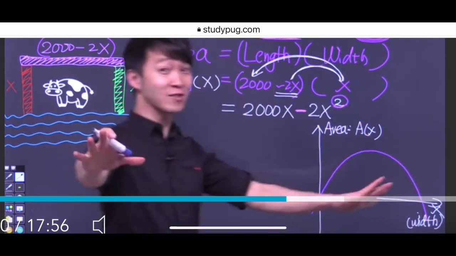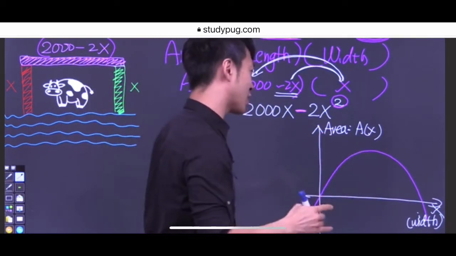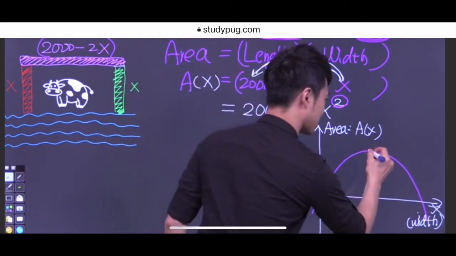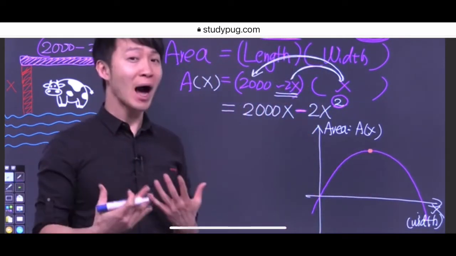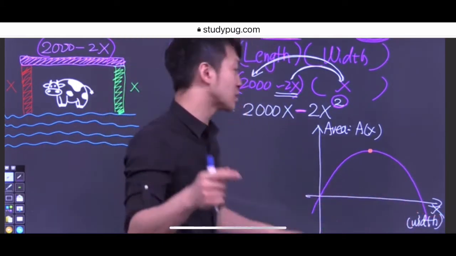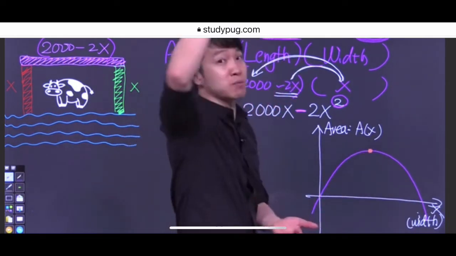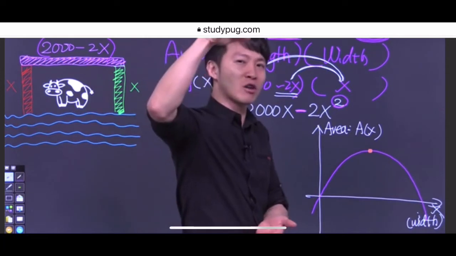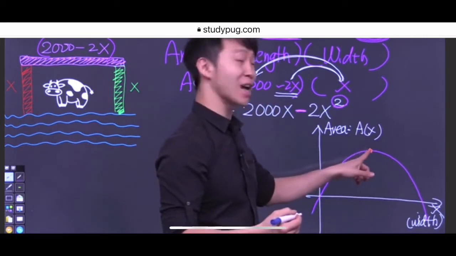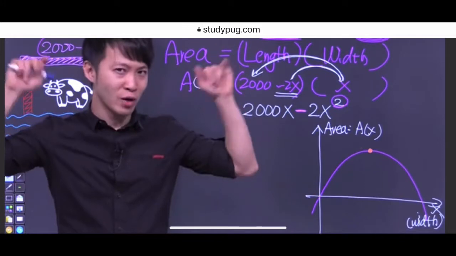Now, from the graph, we can obviously see that the maximum area occurs right here, right? So the absolute maximum of a quadratic function is always just the local maximum, right? Yeah, so the absolutely highest point in the quadratic function always happens at the local maximum, at the vertex, right? Now, in the previous section, we talked about critical numbers.